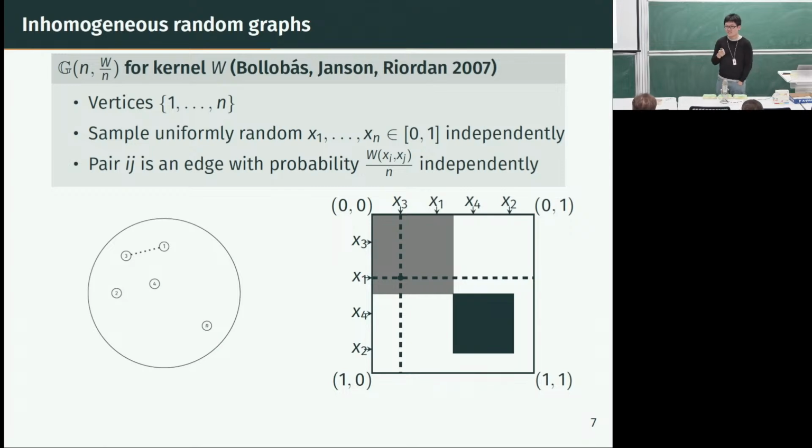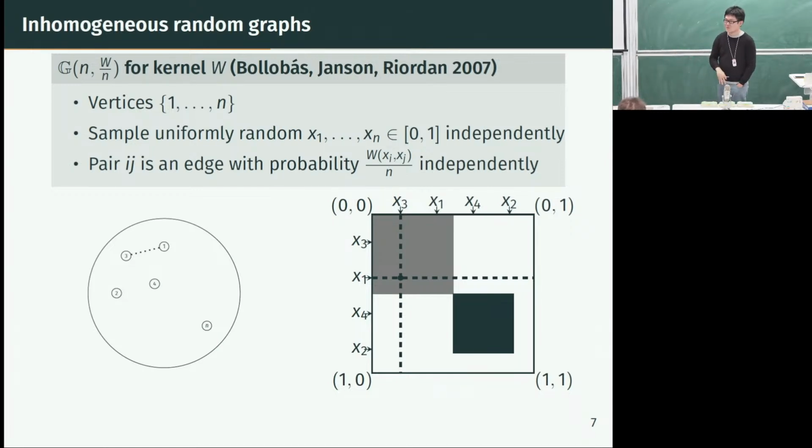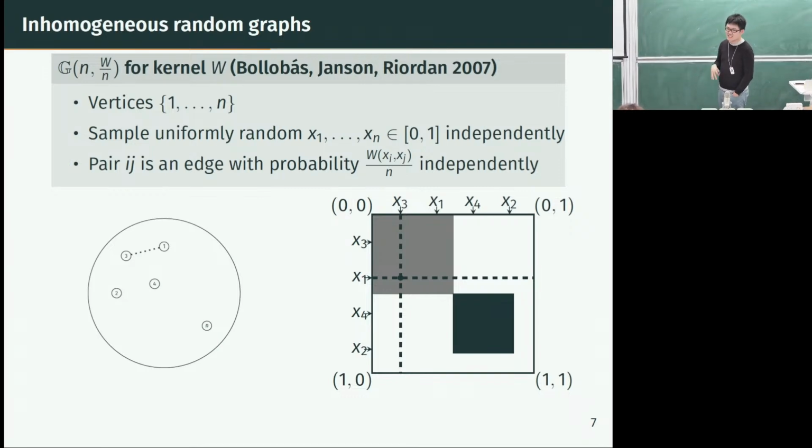Right, does that, yes? So we assume there is no loop. Right, so we don't do loops, so for i not equal to j all the time. You could do it for loops, but this is a different theory somehow.